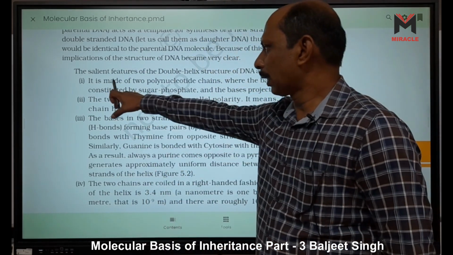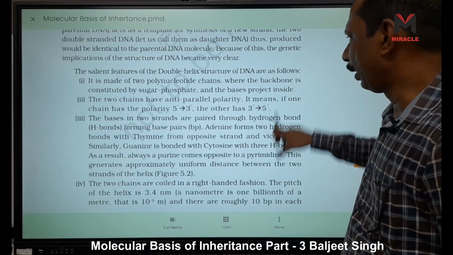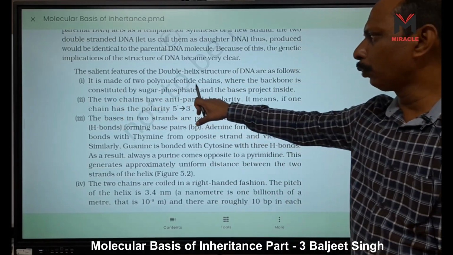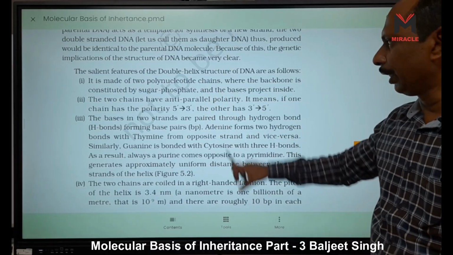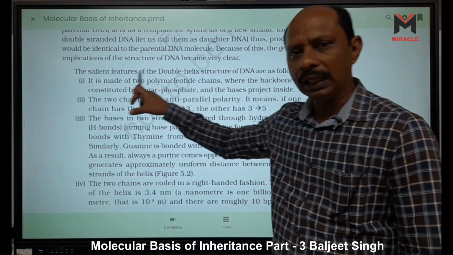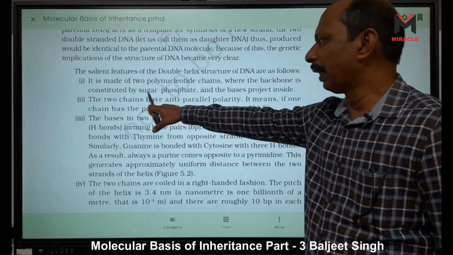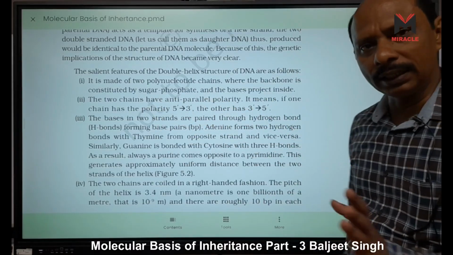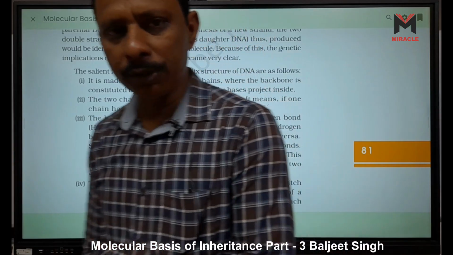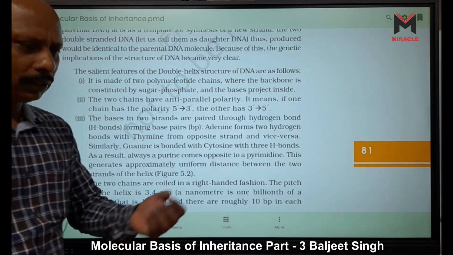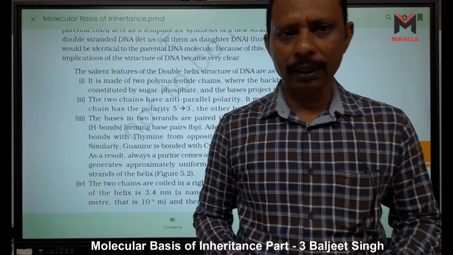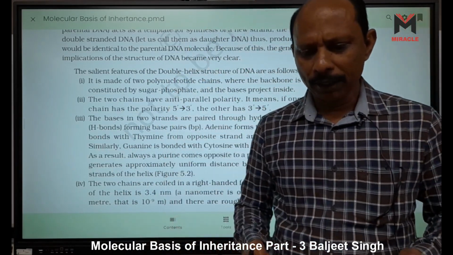The salient features of the double helical structure of DNA are as follows. First, it is made up of two polynucleotide chains where the backbone is constituted by sugar and phosphate, and the bases project inside. DNA structure looks like a ladder, a twisted ladder.